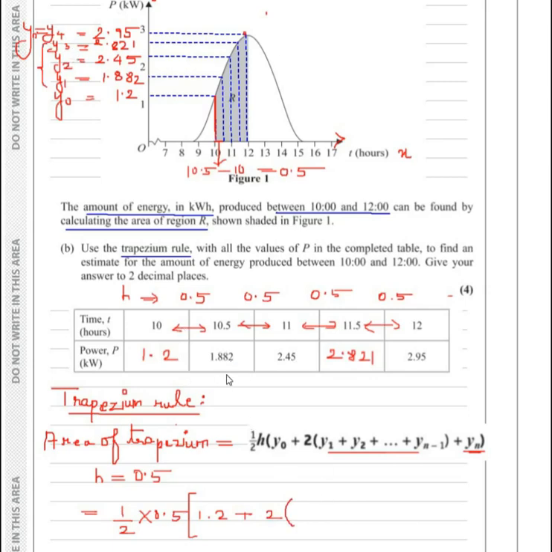So it becomes 1.882 plus 2.45, next value, plus the other value, plus 2.821, close the bracket, plus yn. yn is the final y value in your figure 1, which is 2.95.